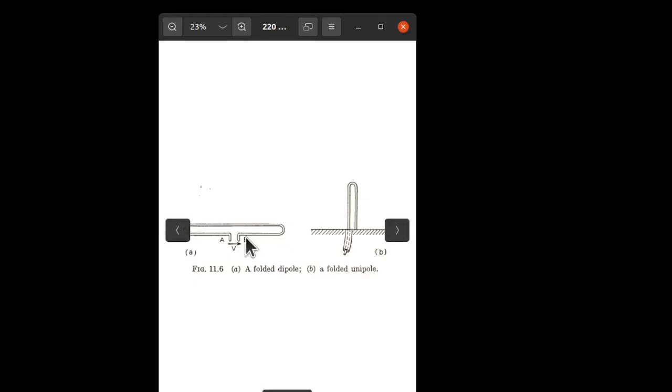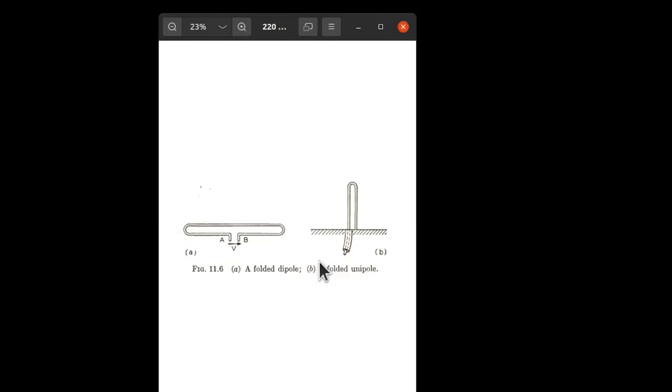This 140 has been doubled to 300, all by virtue of this extra loop introduced into the design. So this is one way of managing your feed point radiation resistance for a resonant antenna.